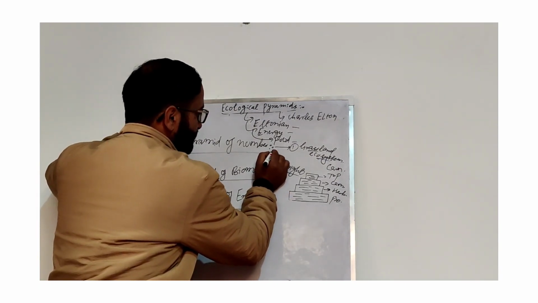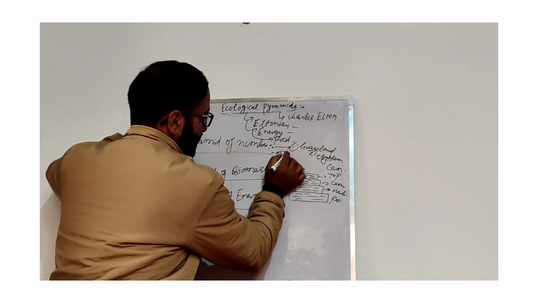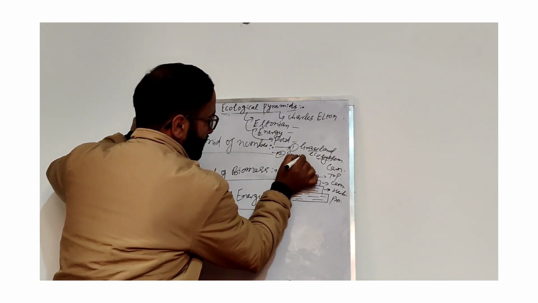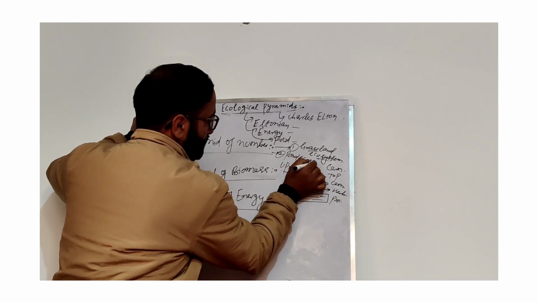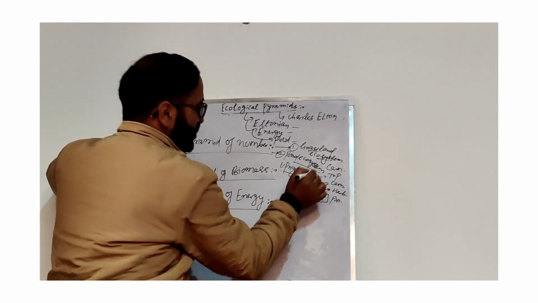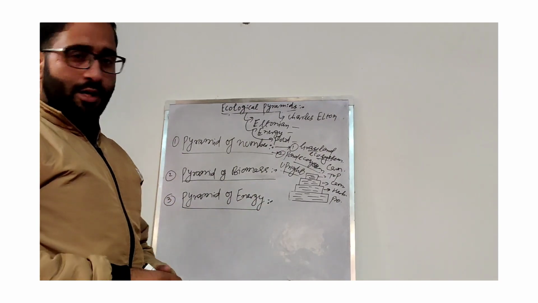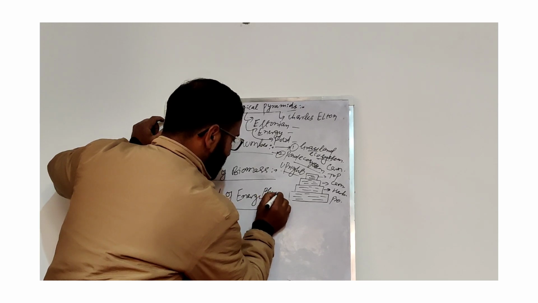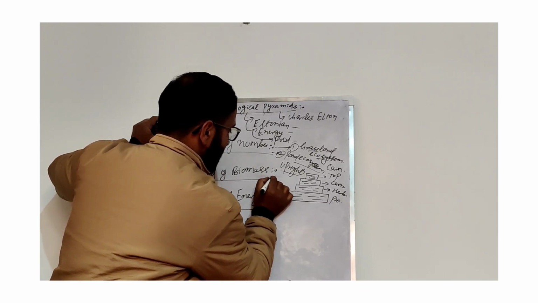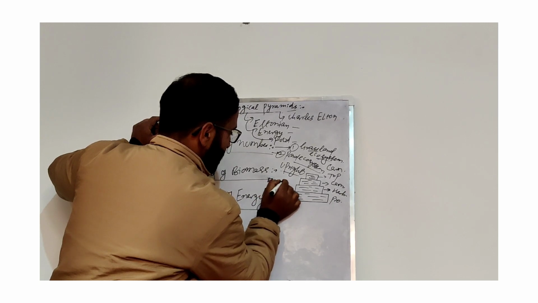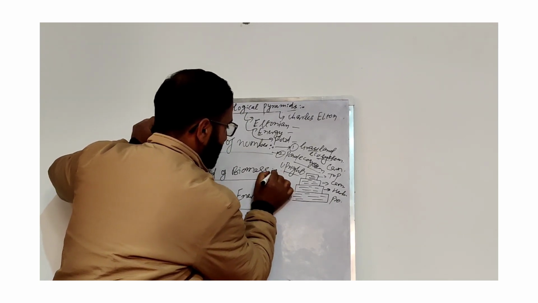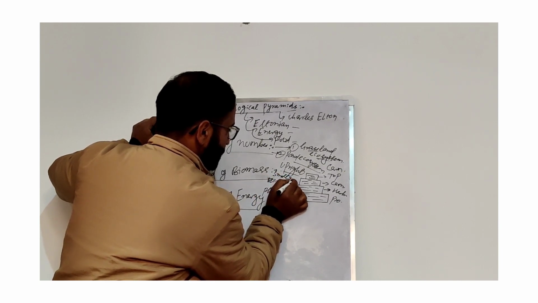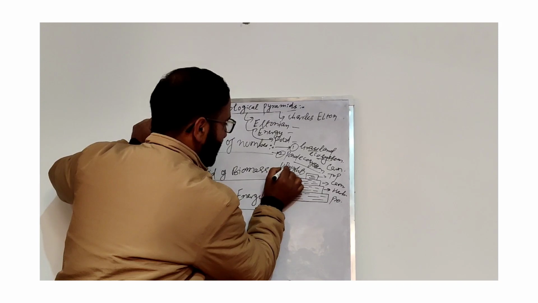Second, we will take up the pond ecosystem. In the pond ecosystem, the producers are phytoplanktons. They are eaten by zooplanktons. Zooplanktons are eaten by small carnivorous fish. These are eaten by large fish.